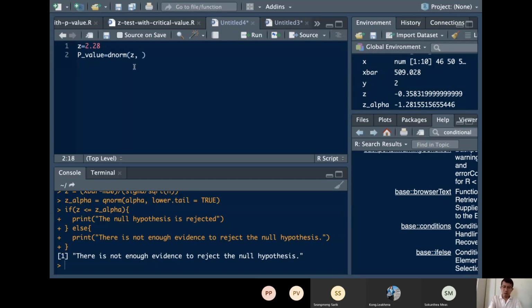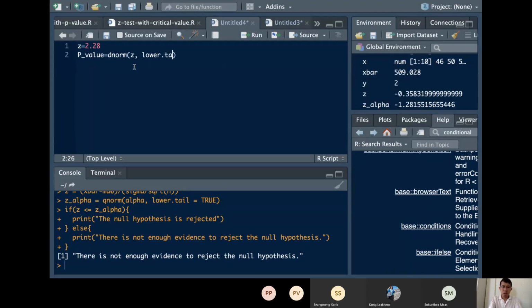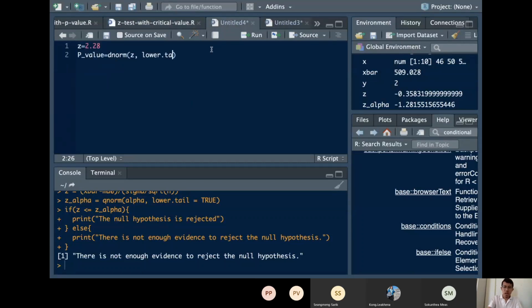And by default, lower.tail is TRUE, so we have to set lower.tail equal to FALSE.